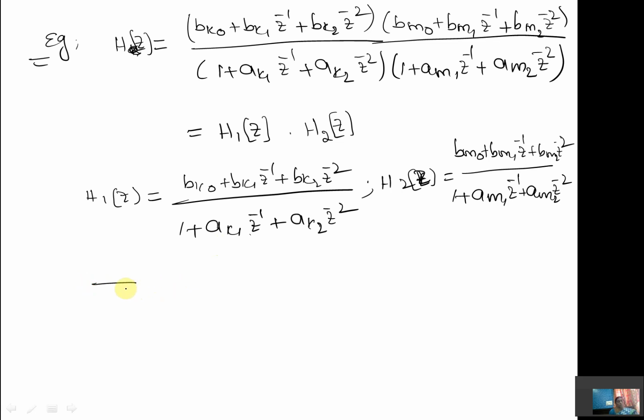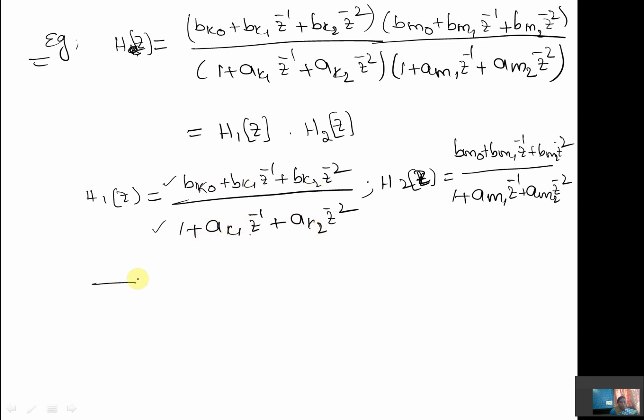Remember how we can easily draw the direct form 2 structure by using this H(z) form? Numerator polynomials are there, denominator polynomials are there. The numerator polynomial coefficients are bk0, bk1, bk2, denominator ak1, ak2.